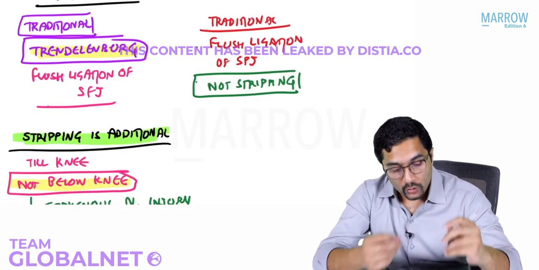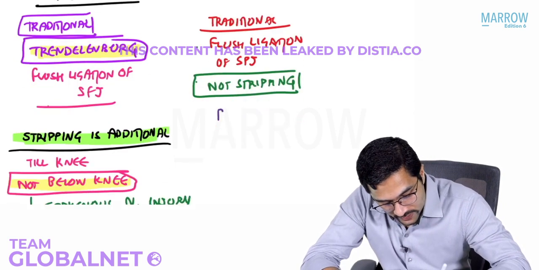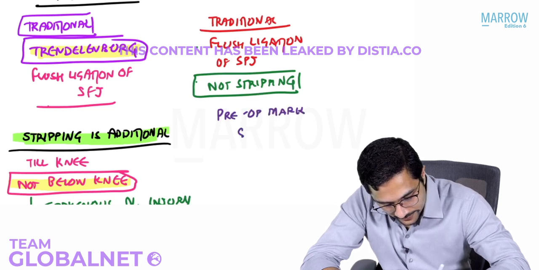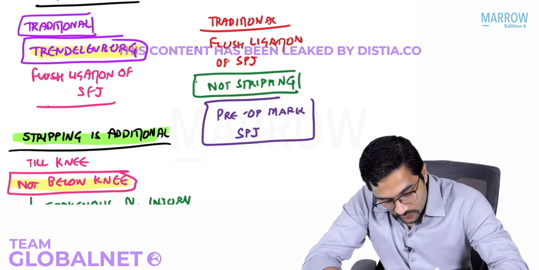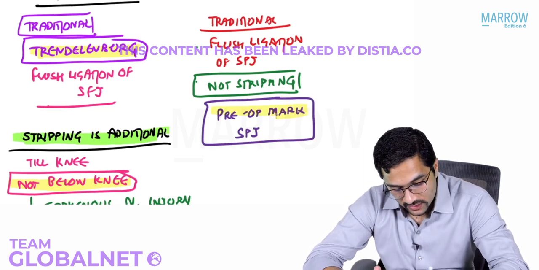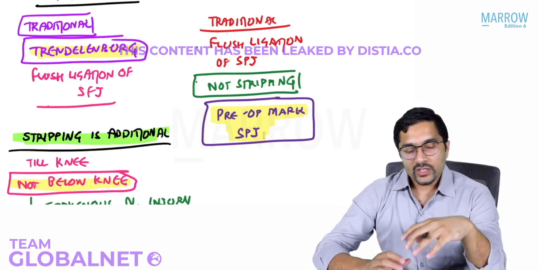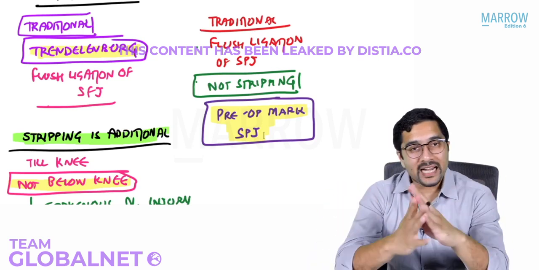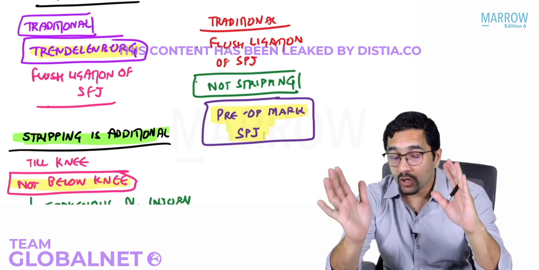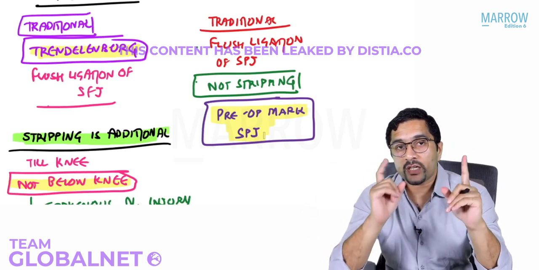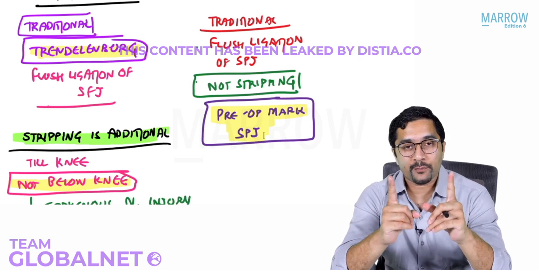And one thing which I told you previously, that always pre-operatively mark SPJ. Right, because SPJ has a variable location. So if you don't do pre-operative Doppler marking of the SPJ, you will just be searching in the blind and you will not be able to find SPJ in a lot of cases. So that is why pre-operative marking, and this is the role of the first year postgraduate.